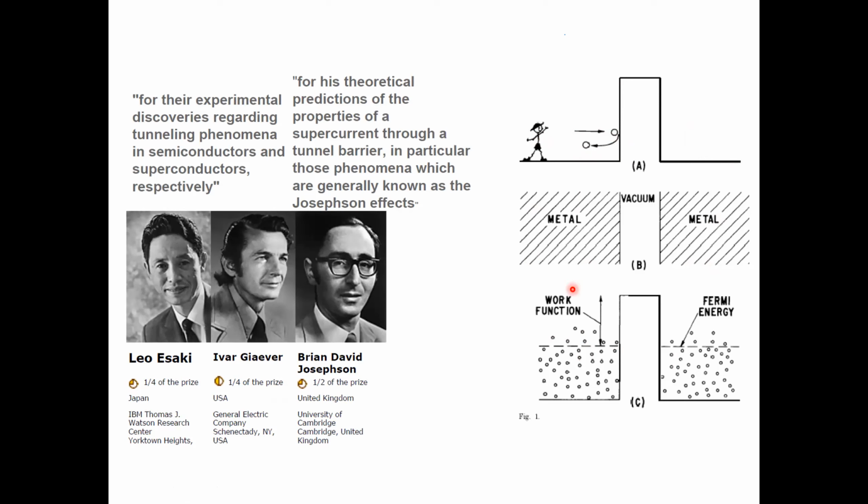But in quantum, you think of particles as wave functions. That means there are going to be probabilities outside of the metal, and this is going to be another possibility of seeing the particle outside of the metal.